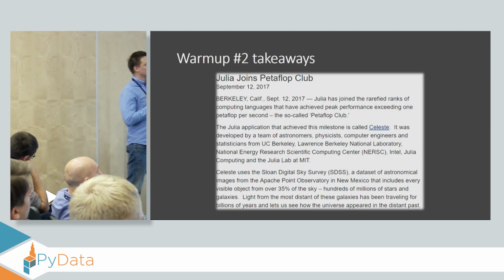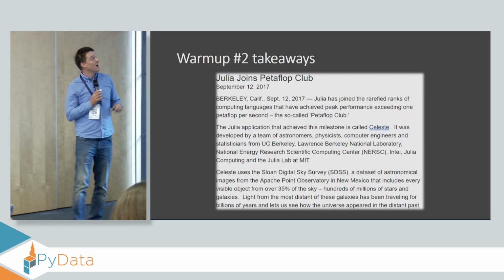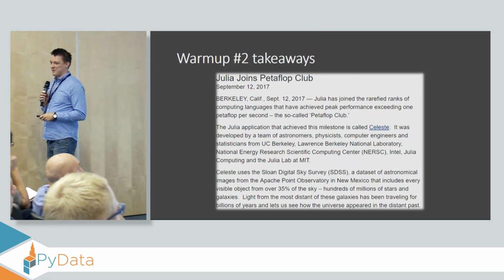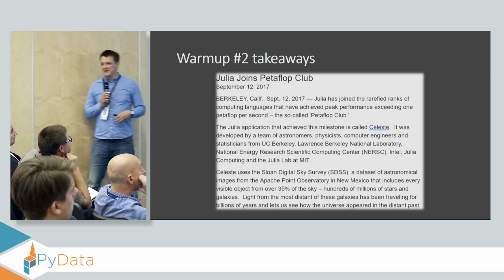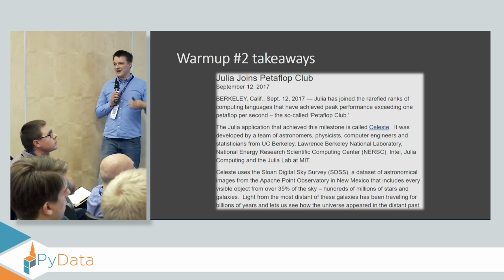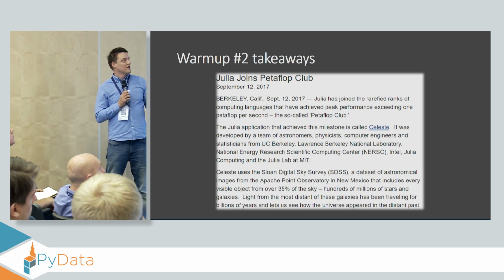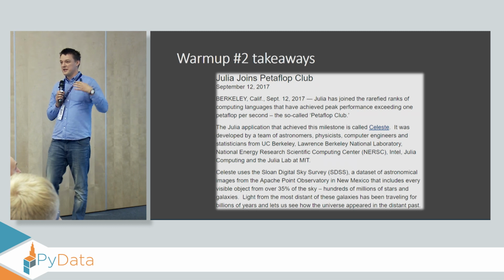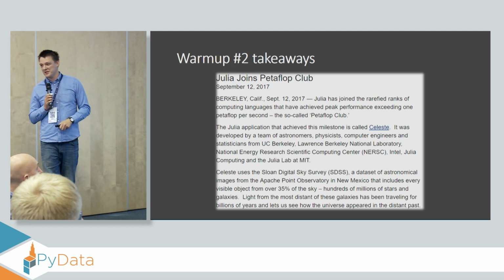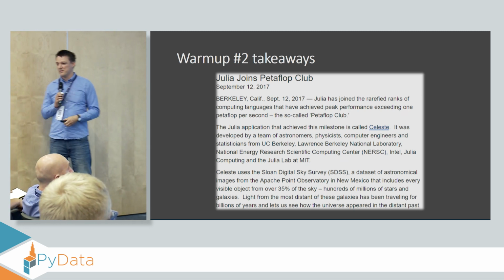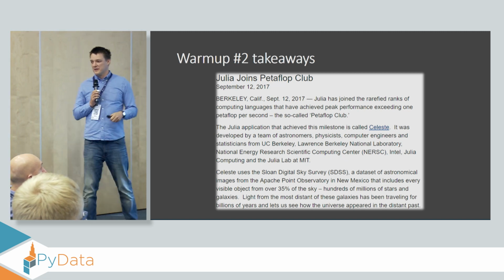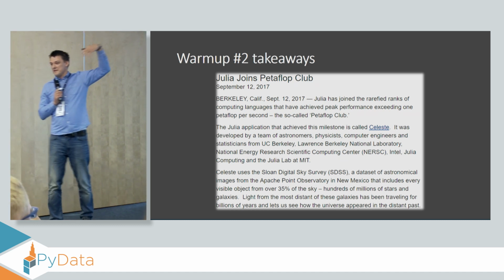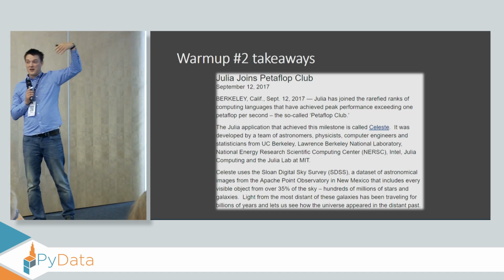I think it is most nicely summed up by the post of Julia joining the Petaflop Club. You might have heard that this is the only high-level scripting language which actually has a successful real implementation in which it reaches over 1 petaflop of performance. So if you ask, do I have such a big Python installation or R installation?